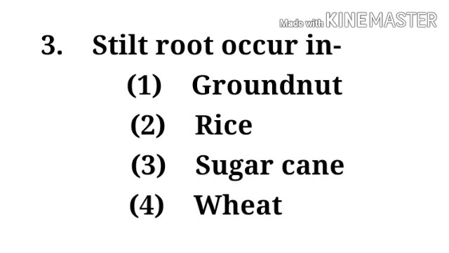Option number 1 is groundnut. In groundnut, nodulated roots are developed, where nitrogen fixing bacteria live, and no stilt roots are developed. The nodulated roots are a symbiotic relationship between the nitrogen fixing bacteria and the plant.